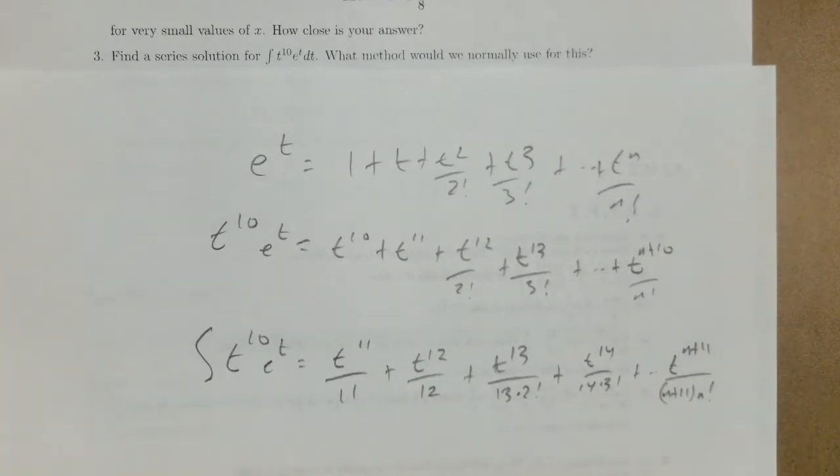So that is kind of intense, but it's quick. And then the question says, what method would you normally use? Well, if I assigned this in Chapter 7, you could have done it. You would have had to do integration by parts 10 times. So this is a much better method than doing integration by parts over and over and over and over.